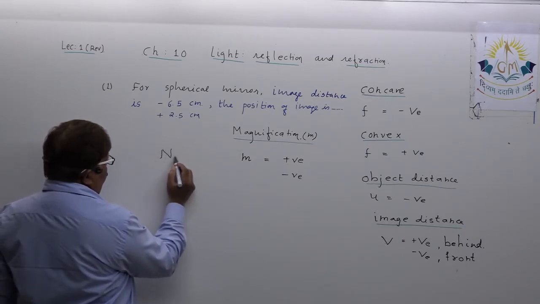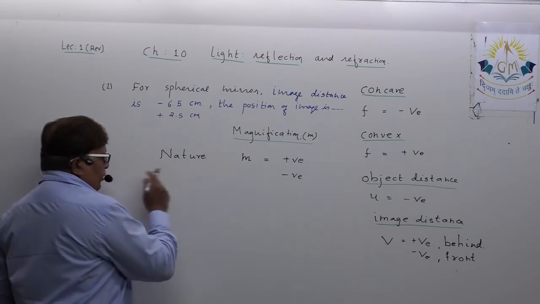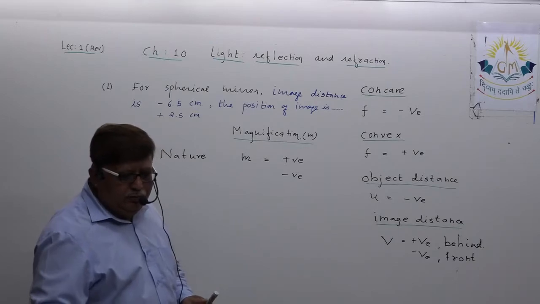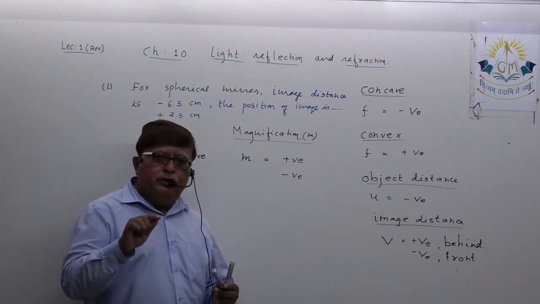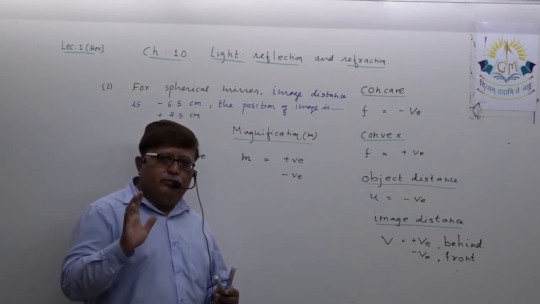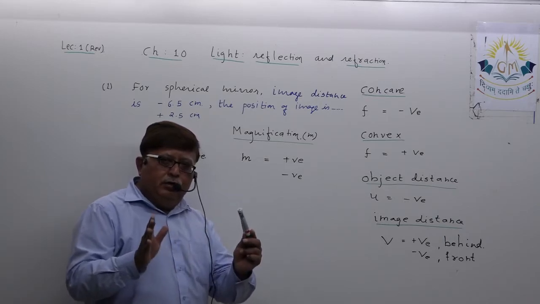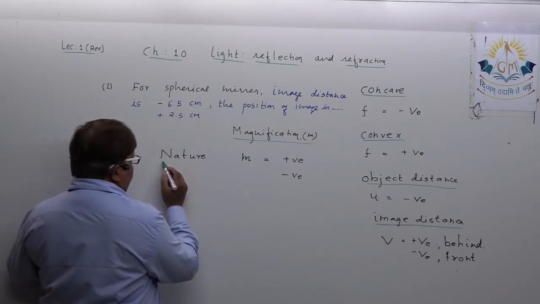Nature of image, because in questions every now and then you find this: find position, nature, and size of the image. I want to bifurcate all three words conceptually. Nature.